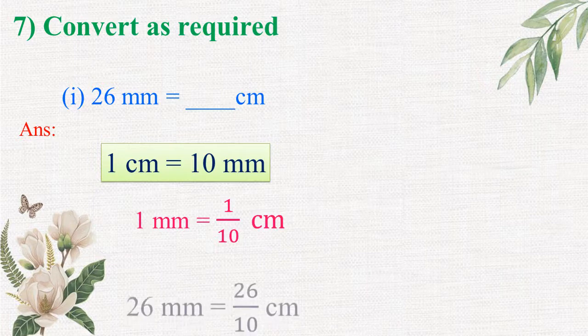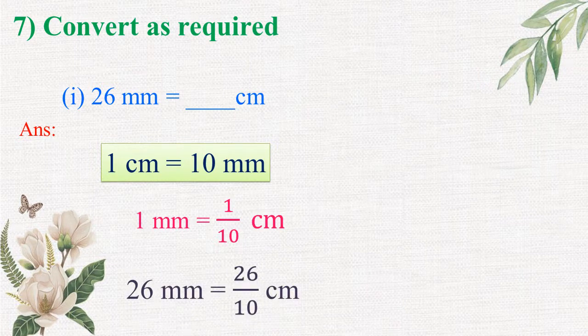Similarly, 26 millimeter equal to 26 by 10 centimeter. Now let us convert into decimal. So here in the denominator we have only 1 zero. So we write the numerator and put a decimal point counting 1 digit from the right. So we get 2.6 centimeter.